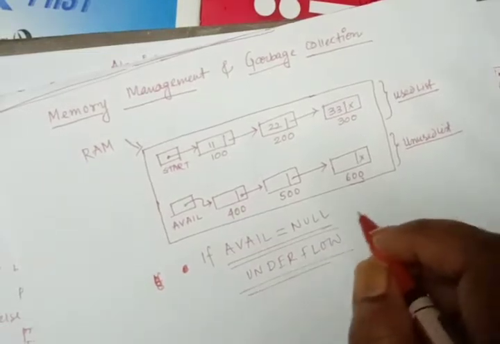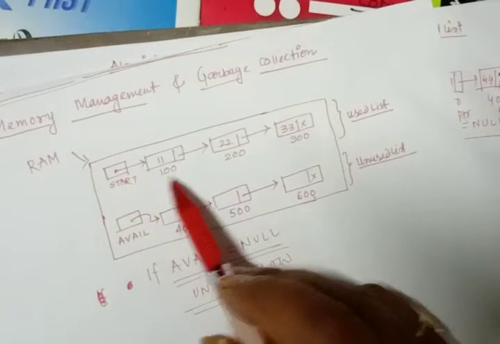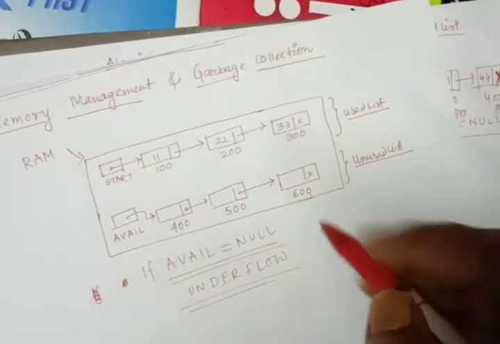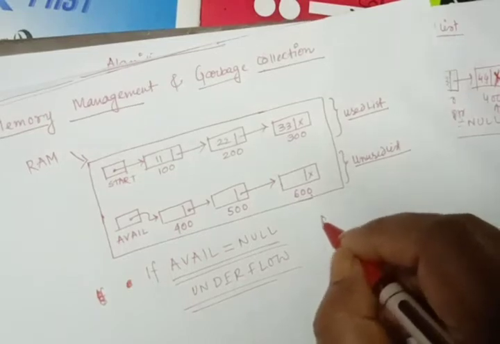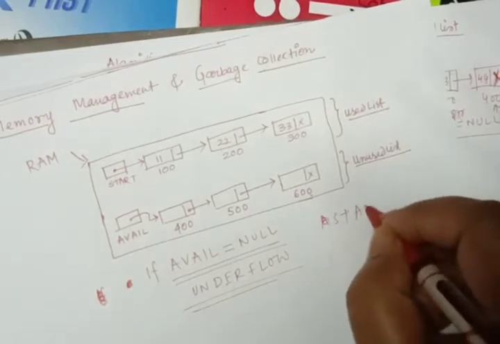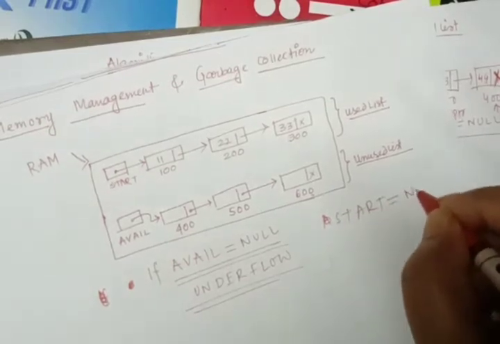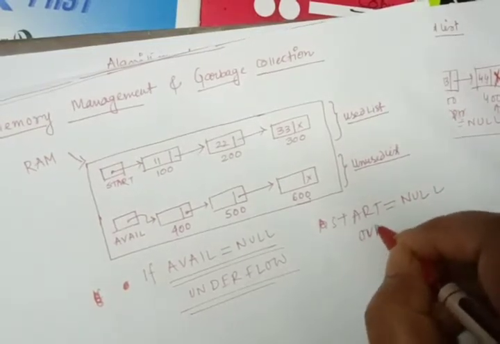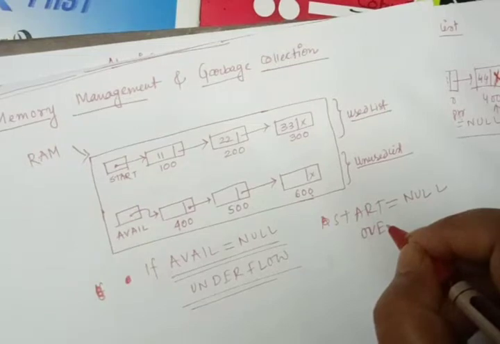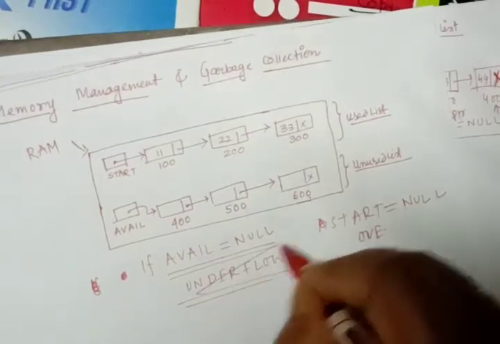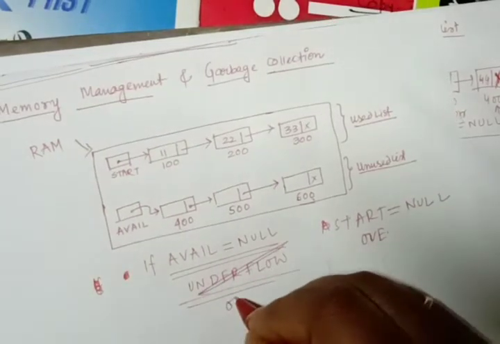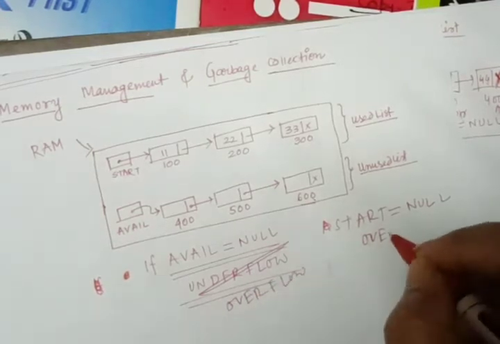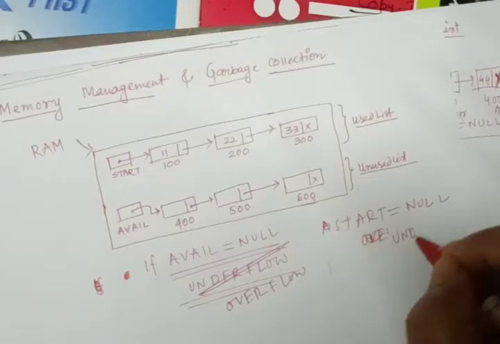And in case of deleting a node from the used list or the linked list, the system will first check whether start is null or not. If start is null, in that case it will print underflow.